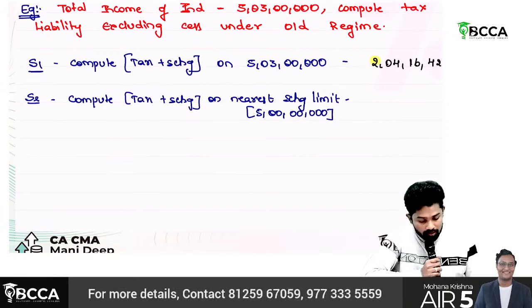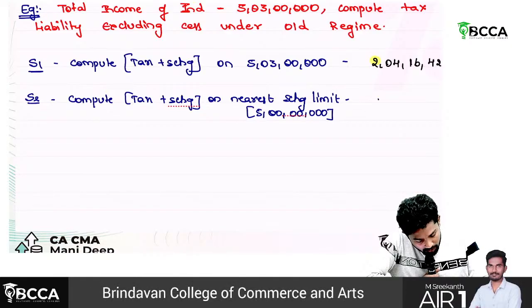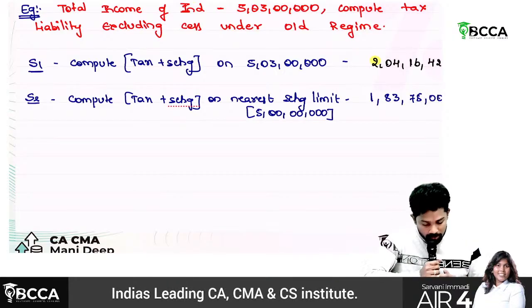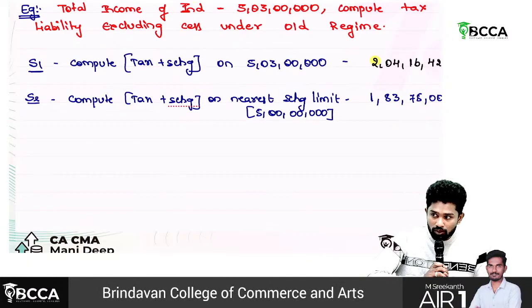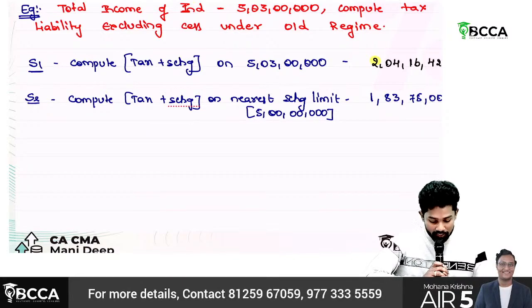How much is it? 4 crore 90 lakhs into 30% plus 1,12,500 will give the total. On that again add the surcharge, sorry, correct, only 25% at 5 crores.